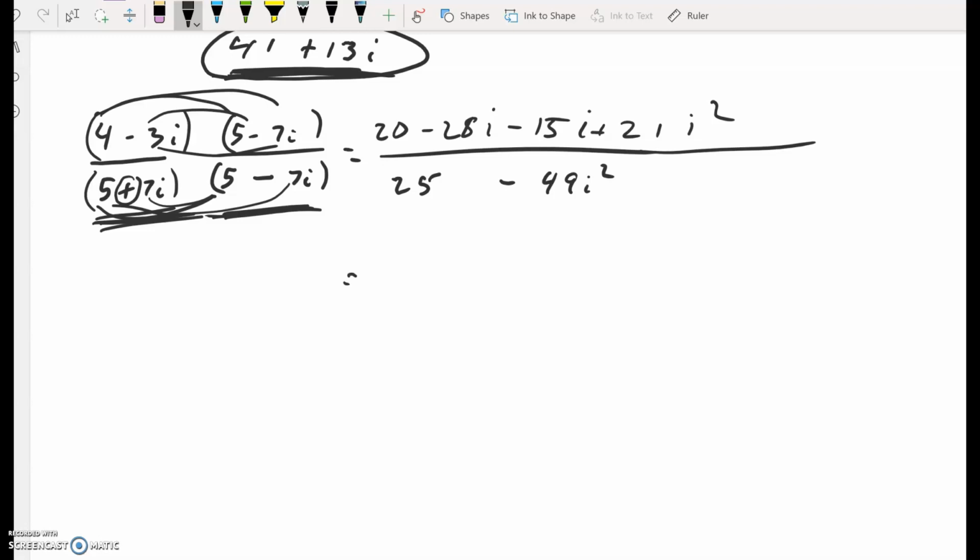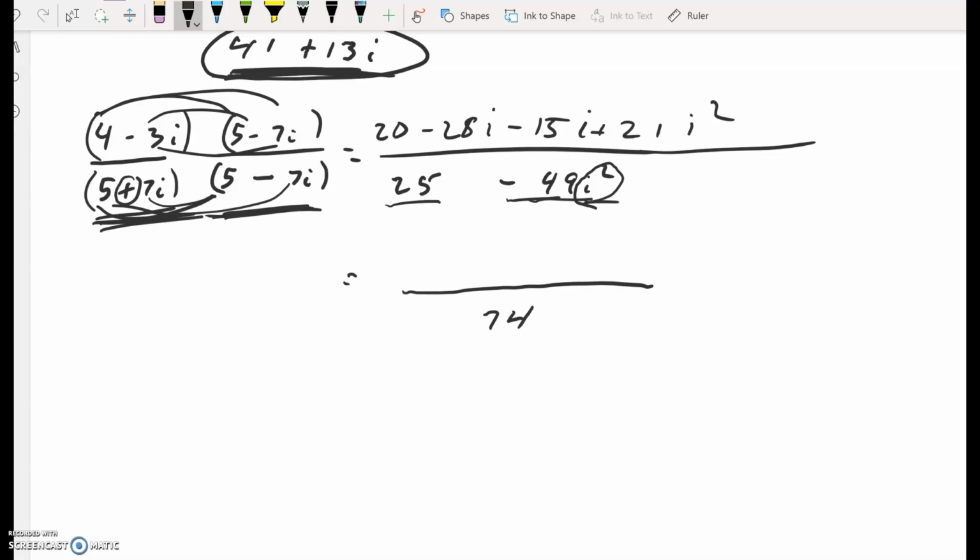So, on the bottom, this is negative 1, so a negative 49 times a negative 1 is a positive 49, and 25 plus 49 is 74, so we're getting 74 on the bottom.